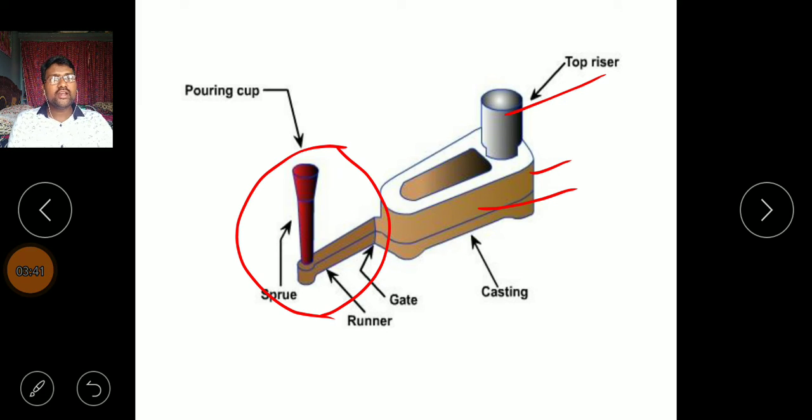These are the gating system elements used to pour the molten metal from the top of the mold surface to the mold cavity. They help the passage of molten metal. The molten metal will first be poured into the pouring cup, and from the pouring cup it reaches the mold cavity through the gating system.